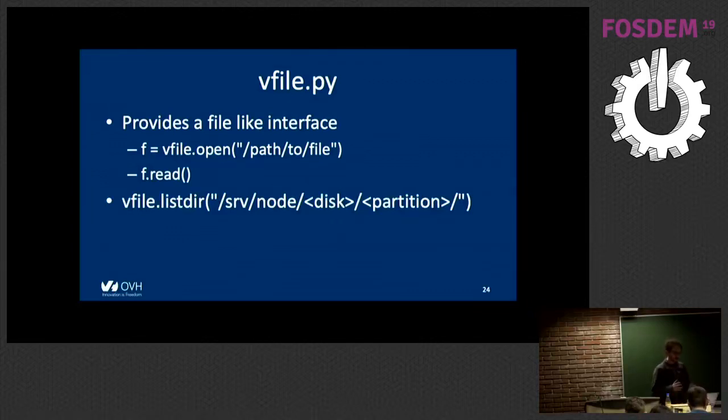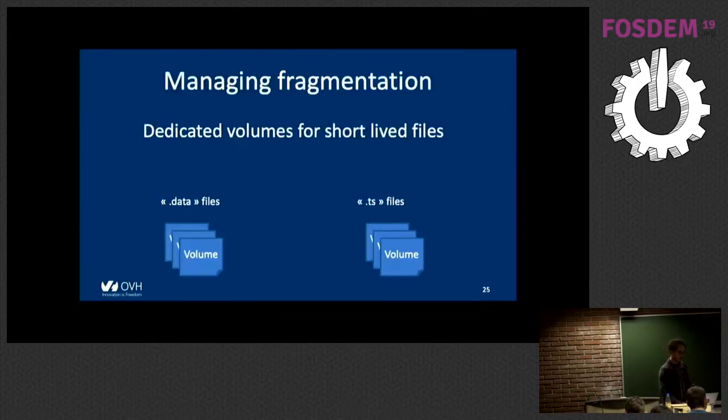So then a word about fragmentation. XFS is an extent-based file system. We try to limit the extent count by allocating large blocks for these volumes. Hole punching is great, but if you punch in the middle of a large extent, XFS needs to create an extent there to represent that, so you get two extra extents.